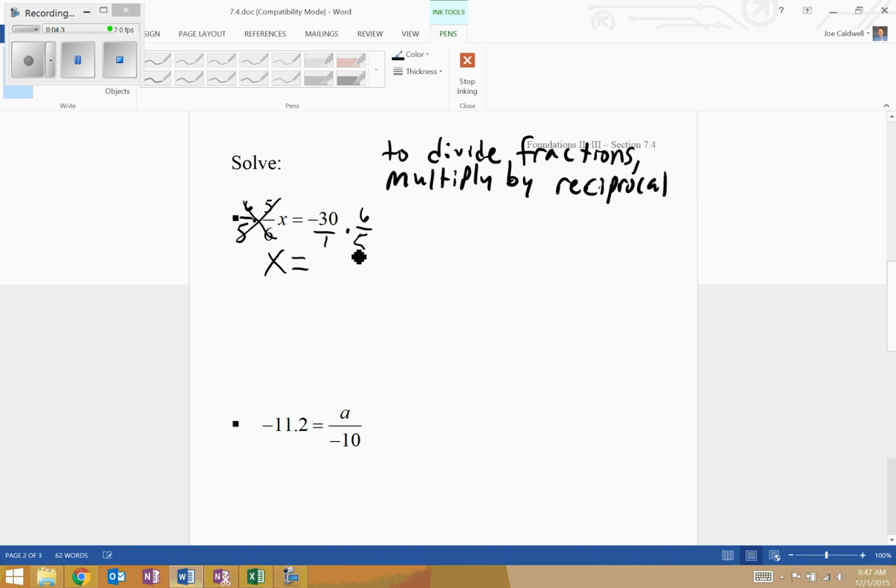So if we remember, we can do a little bit of reducing ahead of time. 5 goes into 5 once, 5 goes into 30 6 times. So now I'm left with -6 over 1 times 6 over 1, and I get -36. And of course, I could plug that back in. If you do that, you will end up with 30.